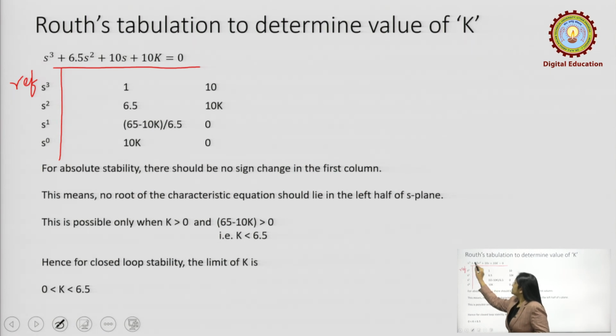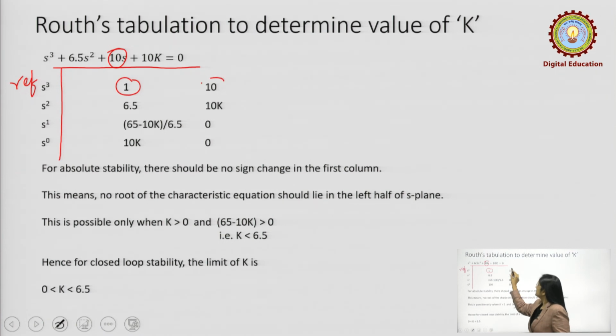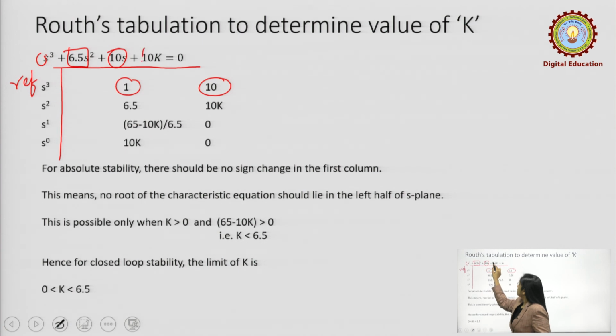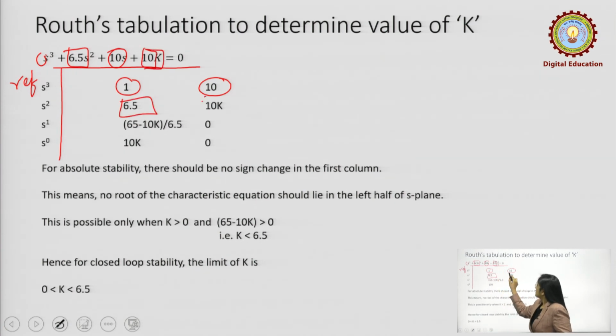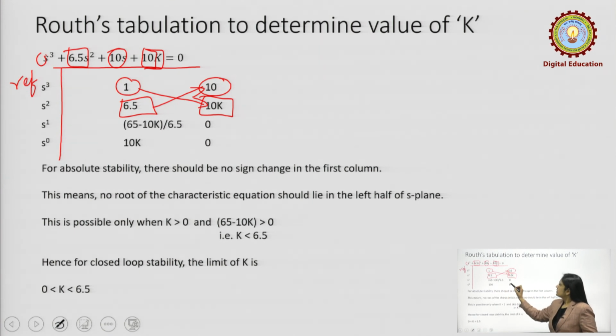Here the coefficient of s cube is 1 and this is 10, and then 6.5 and 10 k. Forming the next elements, it is 6.5 into 10 minus 10 k divided by 6.5, and correspondingly this is 0.